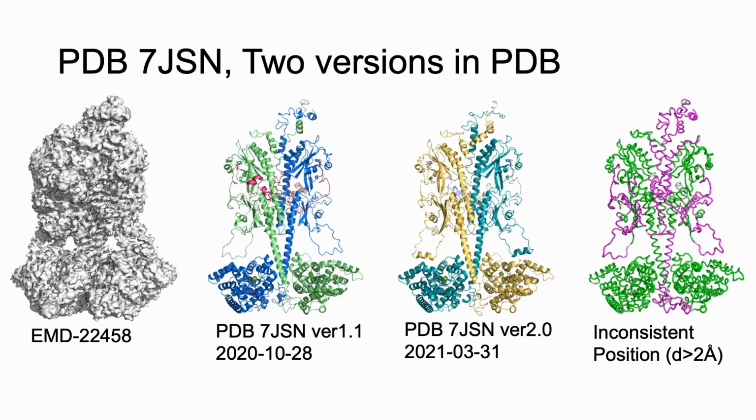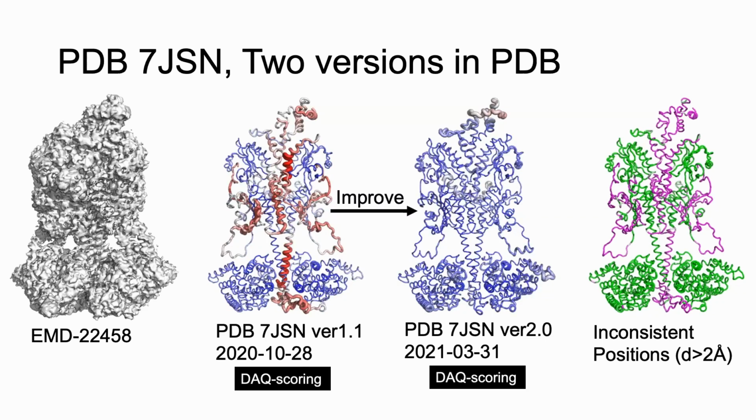So to confirm the performance of the DAQ scoring function, we use these two versions of the PDB entry and compare the initial deposition and the updated model. Then how does the DAQ score look? After computing the DAQ score, these positions are low in version 1.